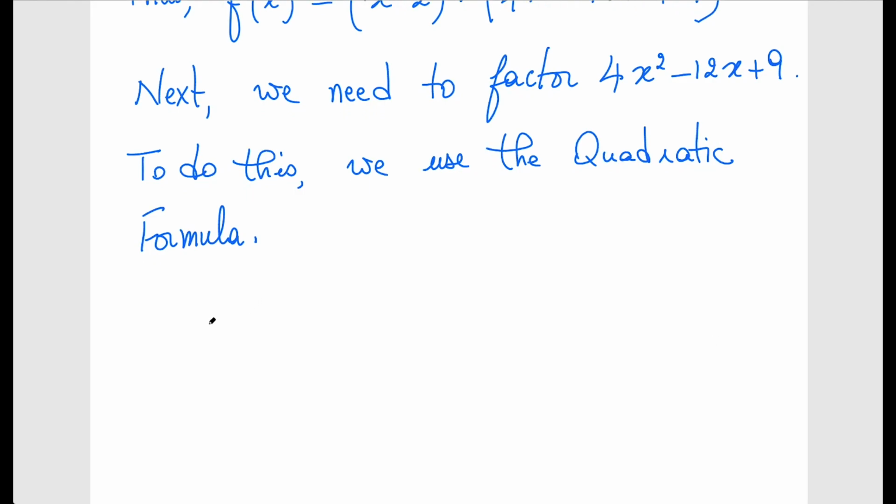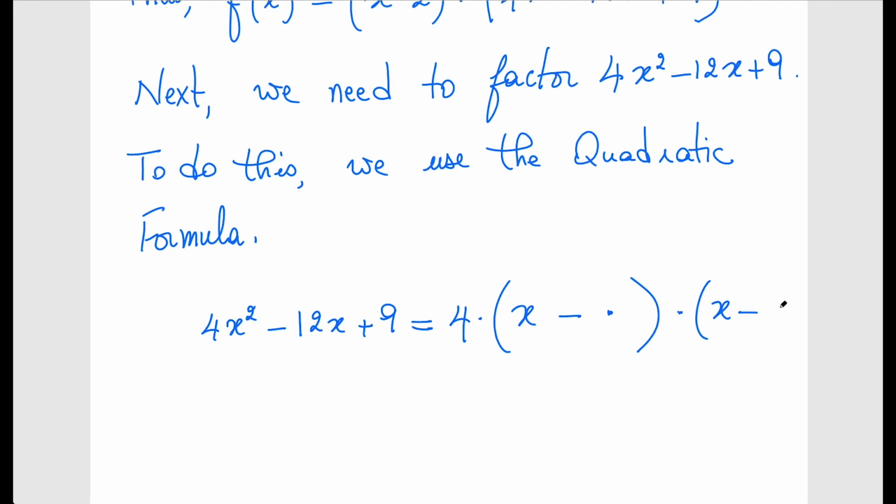So 4x squared minus 12x plus 9. According to the formula, I can write this as 4 times x minus something times x minus another thing.